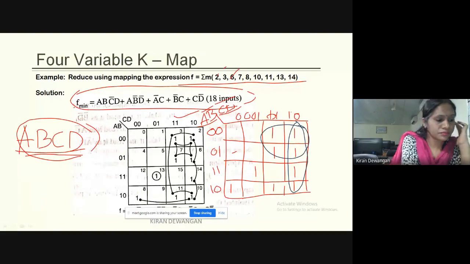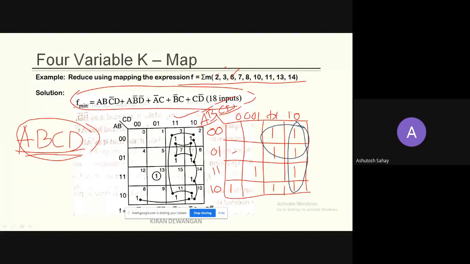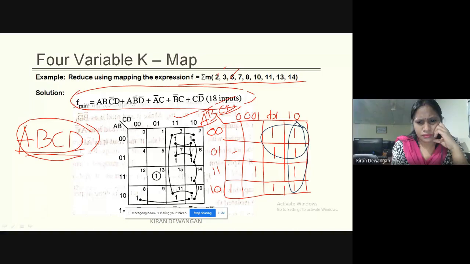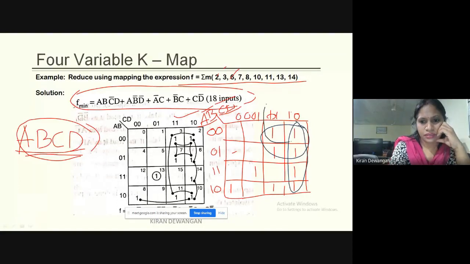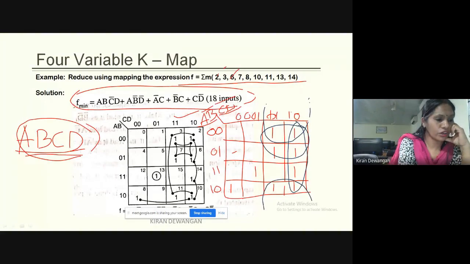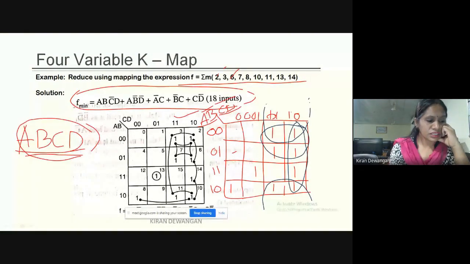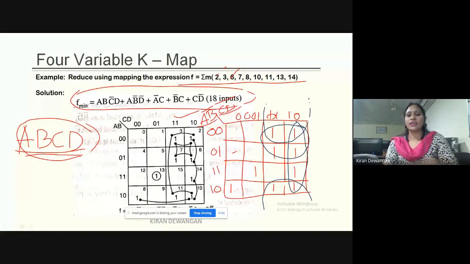Which one? In the second position, third position, and 10th and 11th. Correct. This one is another quad. Clear? So this is another quad present in the K-map.